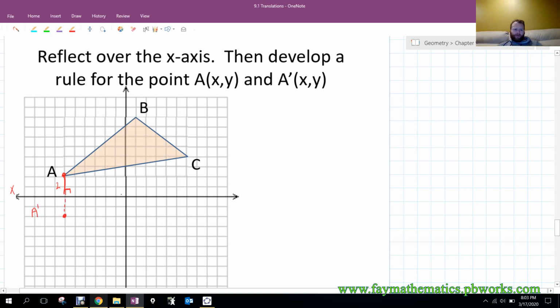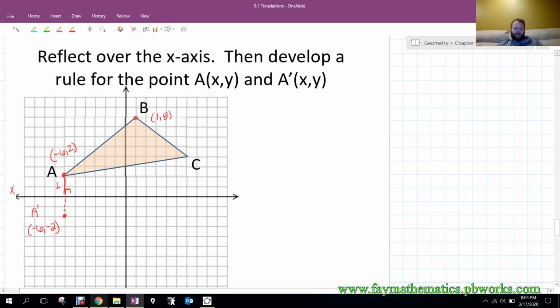So now when I think about what the ordered pair for A is, it'd be negative 1, 2, 3, 4, 5, 6, comma 2. So negative 6, comma 2. Well, if I look at A prime, that's going to be negative 6, comma negative 2, because now I went down instead of up. Okay. Look at B. B is located at 1, comma 8.